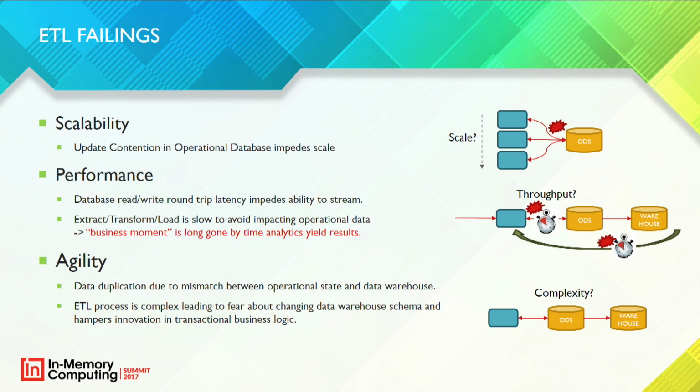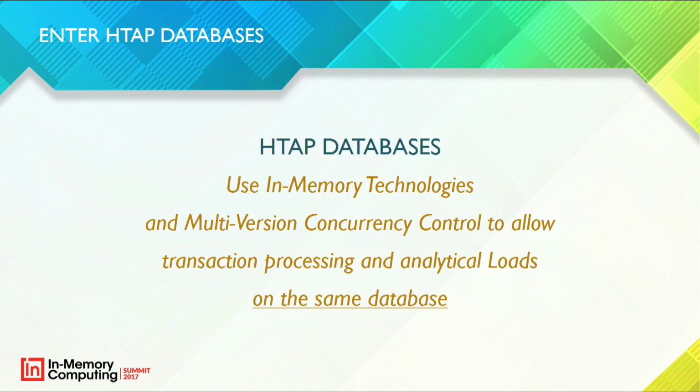We've added a ton of complexity now with this ETL process. So we've compromised our agility. We've got this very complicated data pipeline to get data into analytics. But more than anything else, we're here to talk about HTAP, and the main use case that we want to solve: by the time the data is analyzed, it's way too late to capitalize on it. So we're getting there.